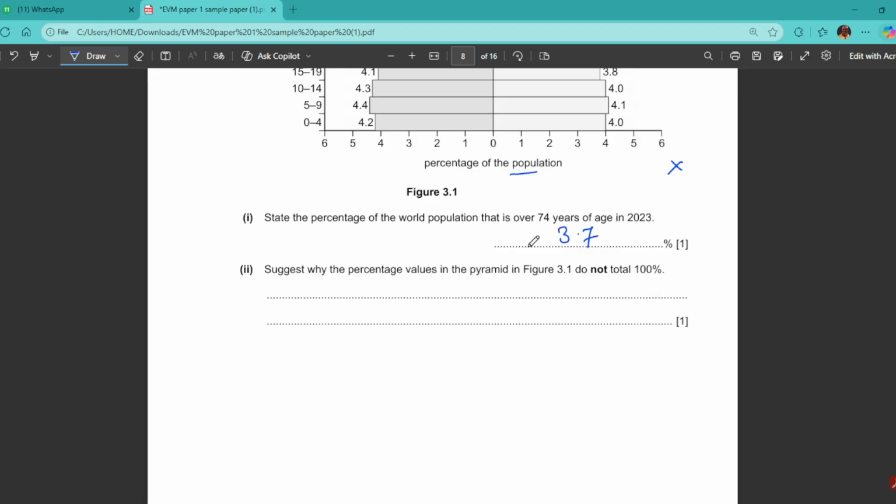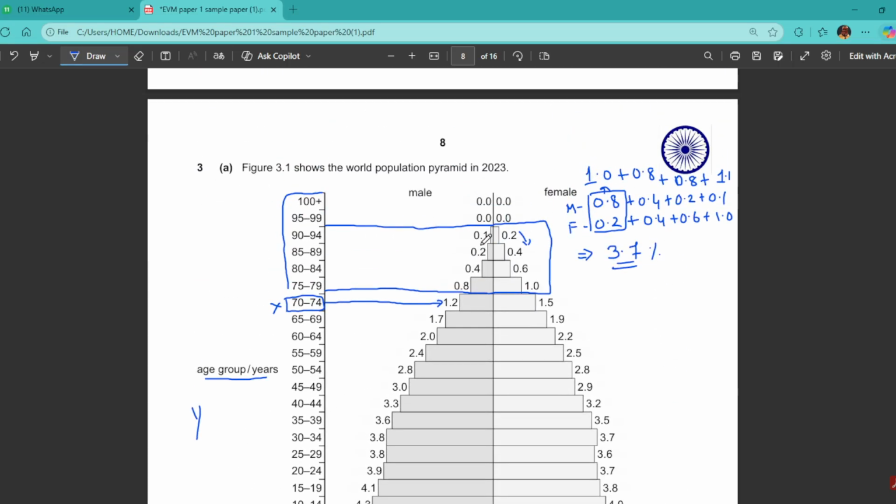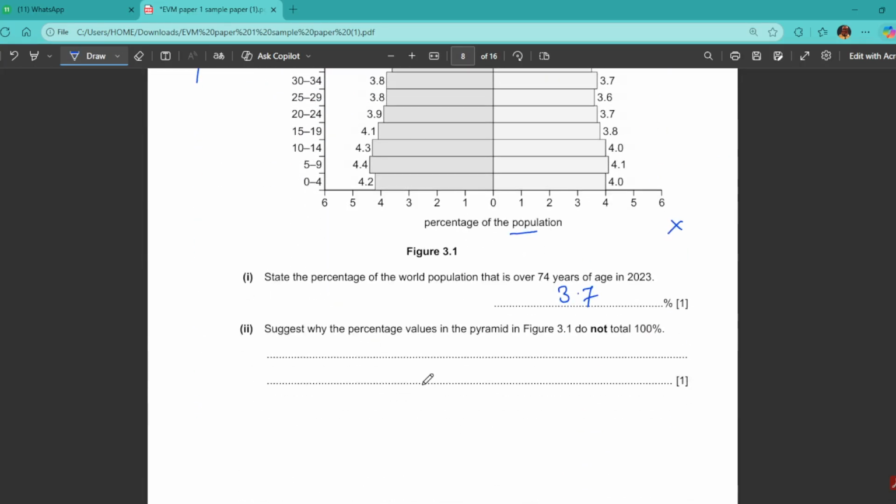3.7. Now suggest why the percentage value in the pyramid 3.1 do not total 100. As we can see, this is not reaching to 100. Why? When you all add up all this thing, doesn't reach to the 100 here. The reasons are here. One of the reason, the values that are given are rounded off.